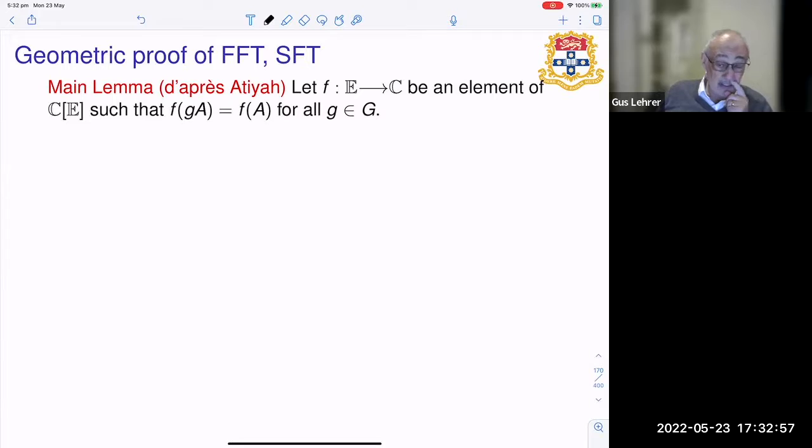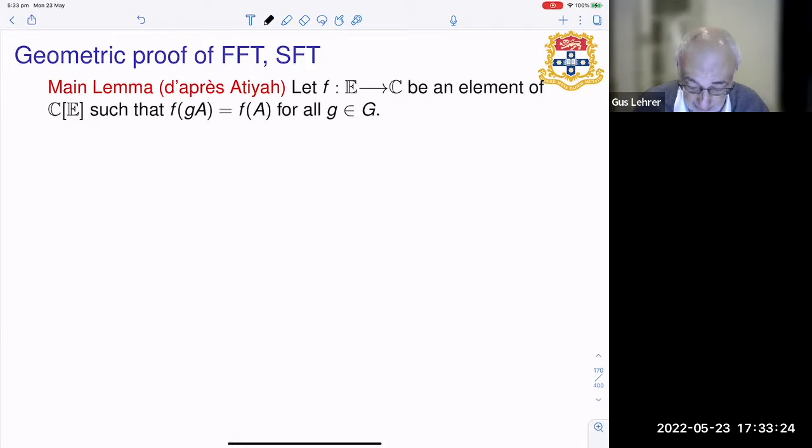In a way, this is not the best way to present this, but I think it's the most efficient way. And in fact, one of the reasons why it's not the best way to present it is because, in fact, Atiyah's original argument for this contains a gap.